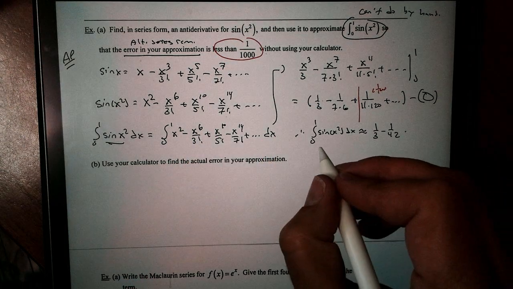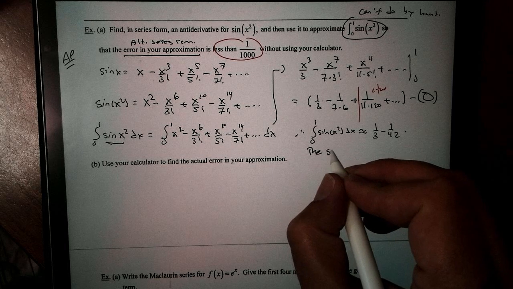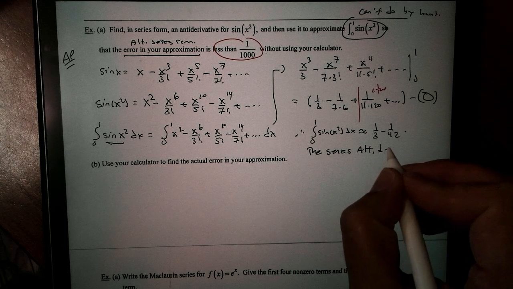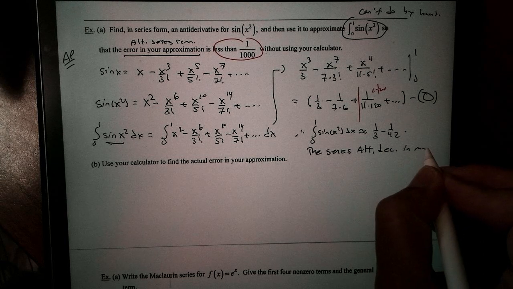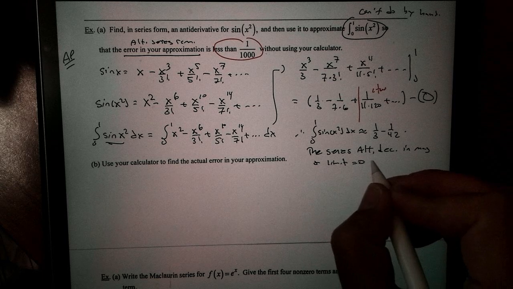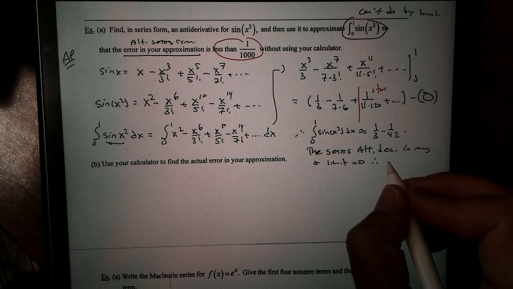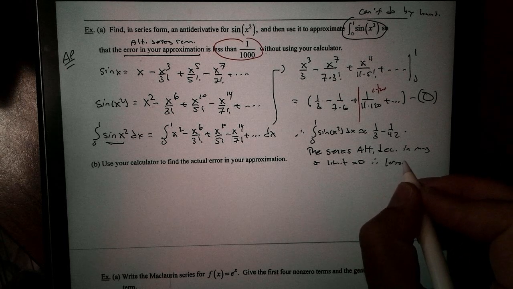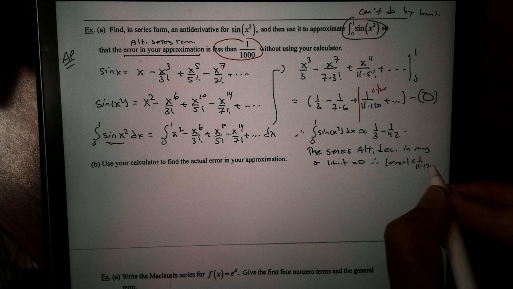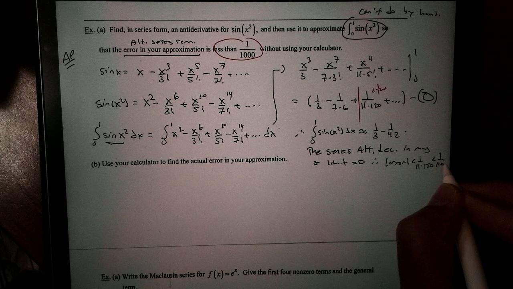Well, that's our alternating series remainder. The series alternates, decreases in magnitude, and the limit equals 0. Therefore, our error is less than 1 over 11 times 120, which is less than 1 over 1,000.